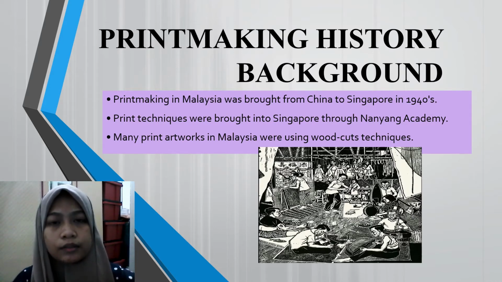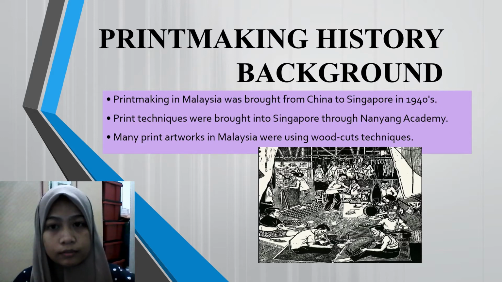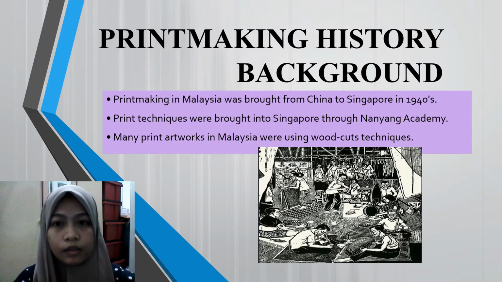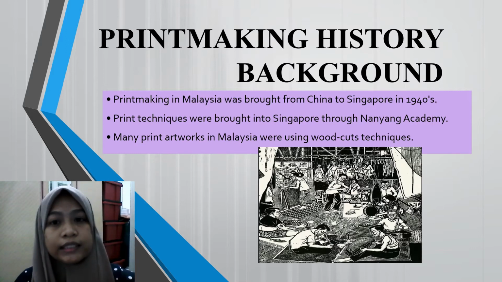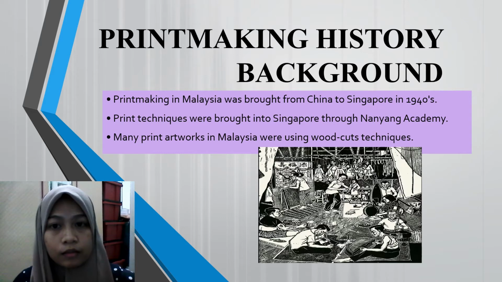Many print artworks in Malaysia were using the woodcut technique. For example, the awaiting theme was the result of the work of Tan Ti Che, and the puppet show like the image on my slide is one of the puppet shows by Lim Mu Hee.